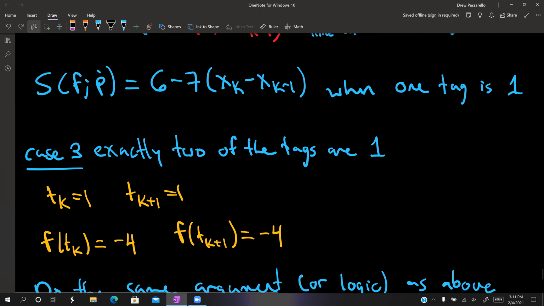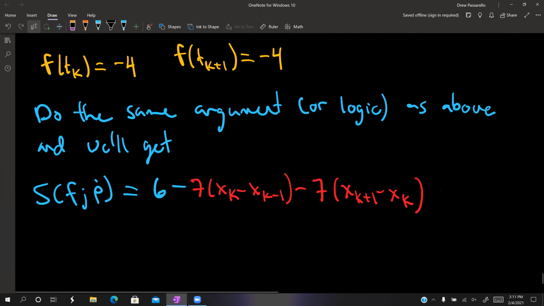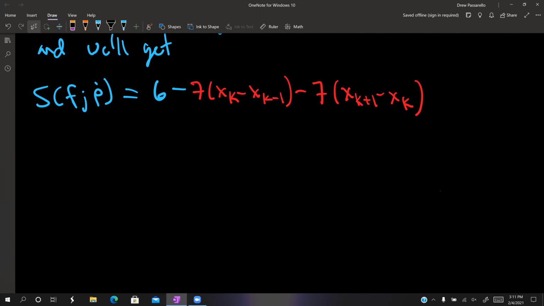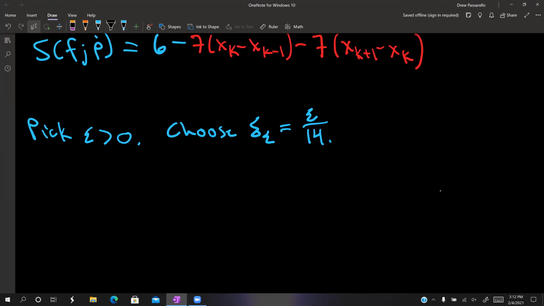And so we want our definition to work for any epsilon. So pick epsilon greater than 0. We're going to choose delta to be epsilon over 14. So that means the norm is less than delta, which is less than epsilon over 14.